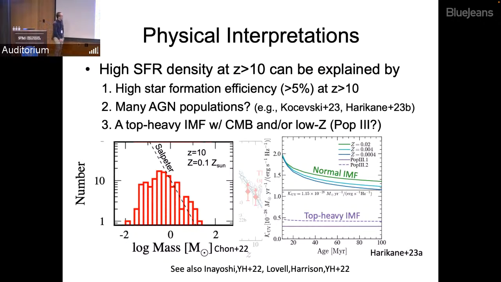So this kind of top-heavy IMF can also explain the high UV luminosity density at redshift beyond 10. So from JWST observations, we are now finding more galaxies than our theoretical model predictions and finding excess in the star formation rate densities, which can be explained by these three possibilities.